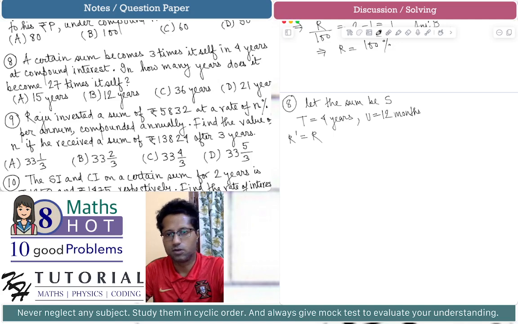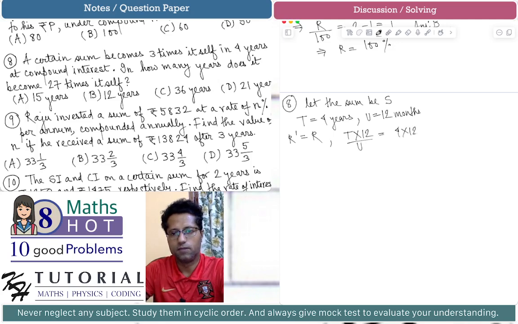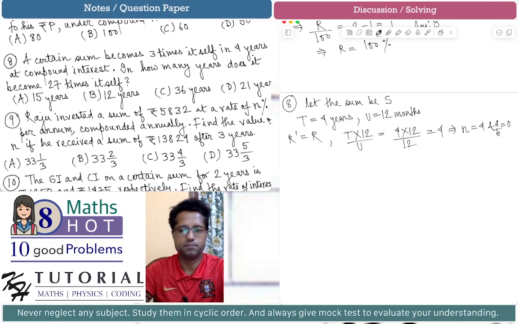So since R is not given, we will consider R, and the rate of interest is the same in both the cases. So R' is R, and what we need, the small n and the fraction a by b, will come from t multiplied by 12 divided by u. This is equal to 4 multiplied by 12, u is also 12, so this is equal to 4. So this implies that n is equal to 4 and the fraction a by b is equal to 0.